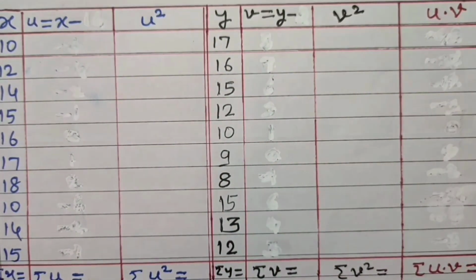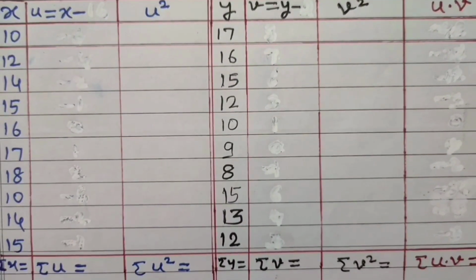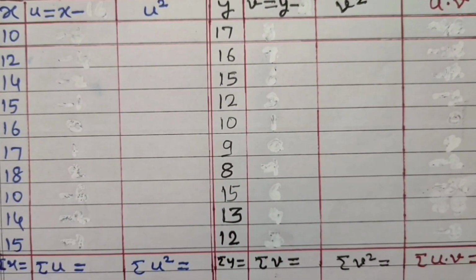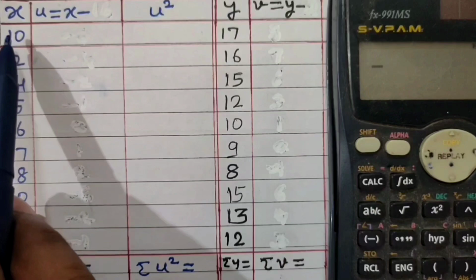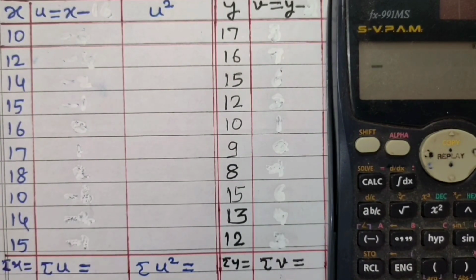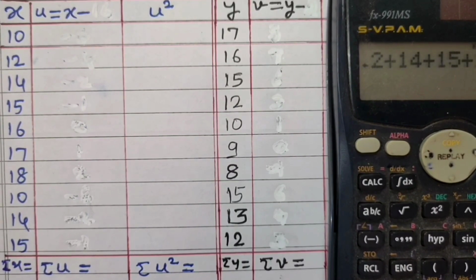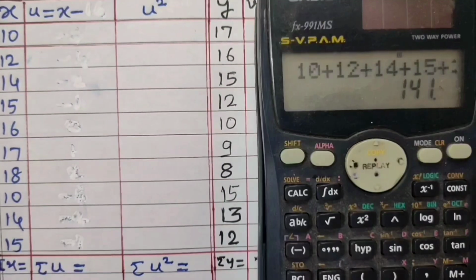First of all, here also we have to find summation of X and summation of Y to get the actual mean of X series and the actual mean of Y series. By using calculator, let us find the sum of all values of this column: 10 plus 12 plus 14 plus 15 plus 16 plus 17 plus 18 plus 10 plus 14 plus 15, and this is equal to 141.